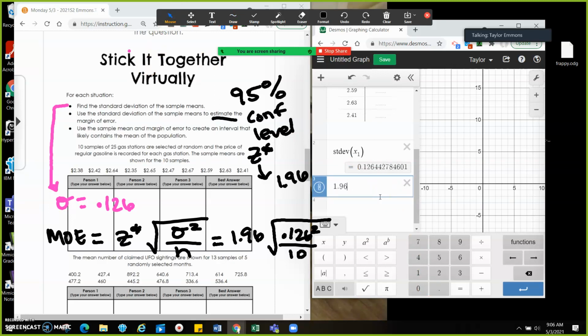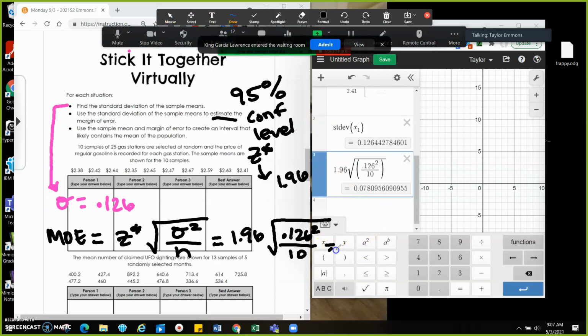So I got 1.96 square root of 0.126 squared divided by 10. And so that's going to give you a margin of error of 0.08.